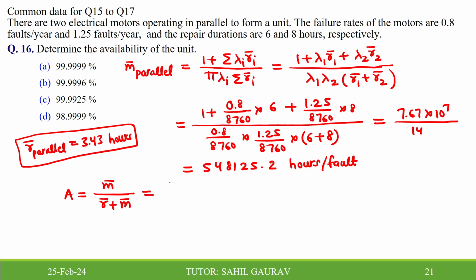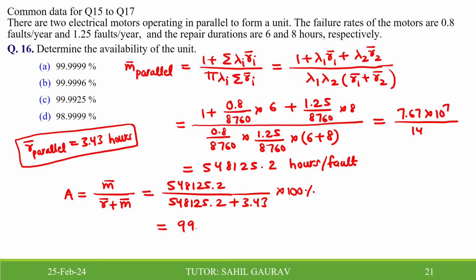M bar is given as 5481258.2, divided by 5481258.2 plus R bar, 3.43. So you will get a very large value, and you have to multiply by 100 to get it in percentage form.